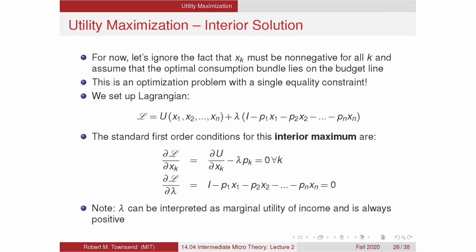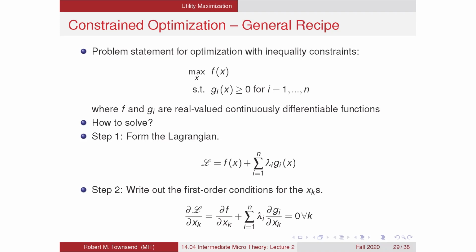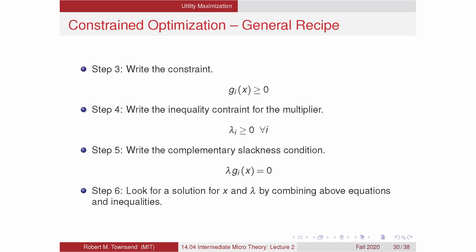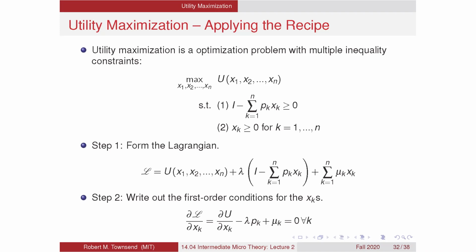And we formalize that as an example of the use of the Lagrangian, where you write out this expression with all the constraints, and this is the generalized routine for optimization, and actually applying it to the case where we have these non-negativity constraints on the two goods. This is the most general way to deal with the problem. It doesn't mean all these constraints are binding.